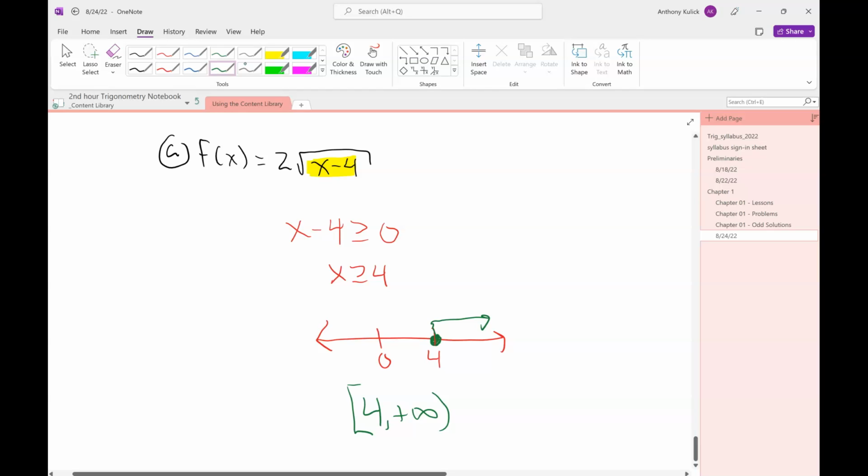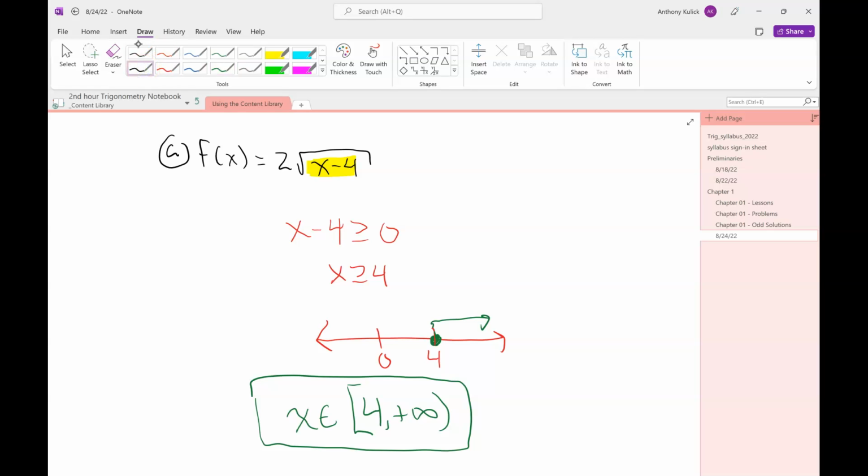And if we're being specific here, because we're talking about a domain, which variable are we talking about? X's. So we'd write that x is a member of the interval from 4 to positive infinity. And we're done.